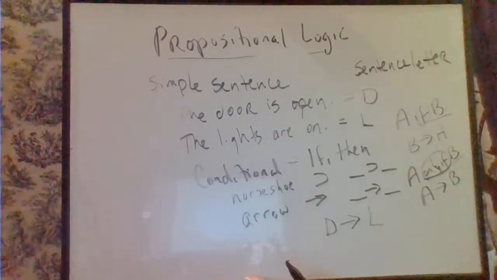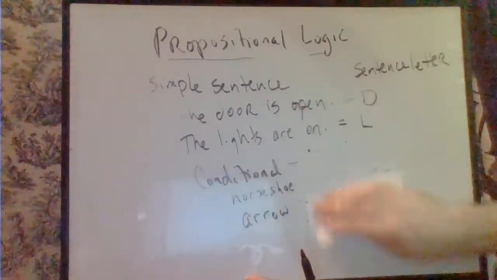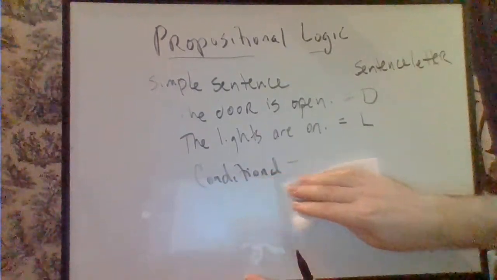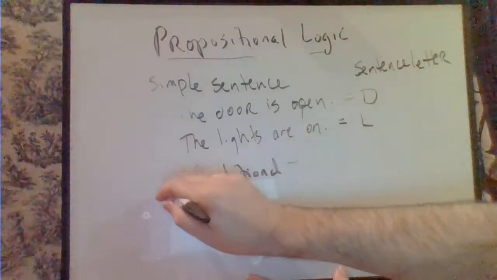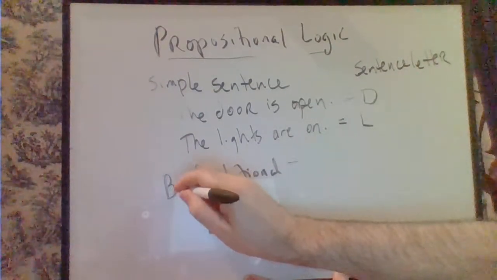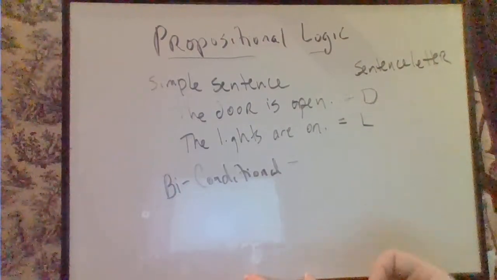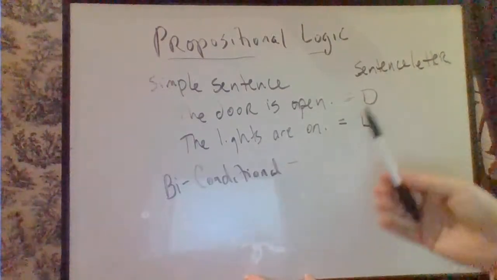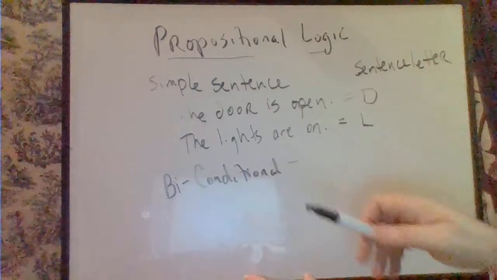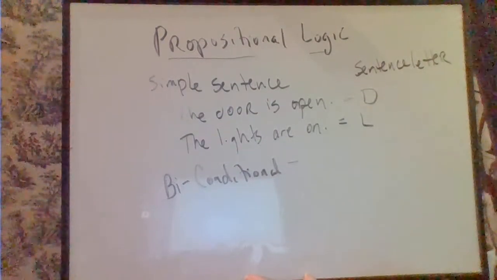We have one last symbol, one last relation that's talked about here, and that is what we call a biconditional. And a biconditional is a conditional statement that works both directions. Okay, so whereas the basic conditional only works from antecedent to consequent, the biconditional actually works both directions from the antecedent to the consequent, and vice versa.